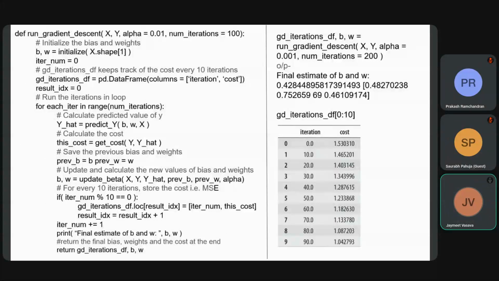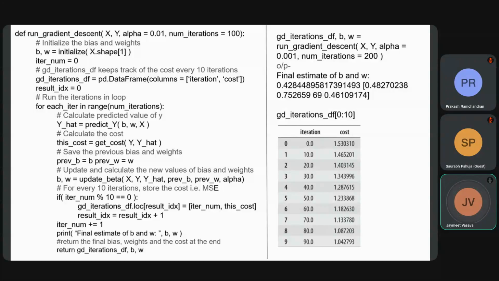With the help of update beta, we update the values of bias and weights, and use the if statement just to save the records. Then we print the final estimate for the bias and weights, and return those values for the calling function.